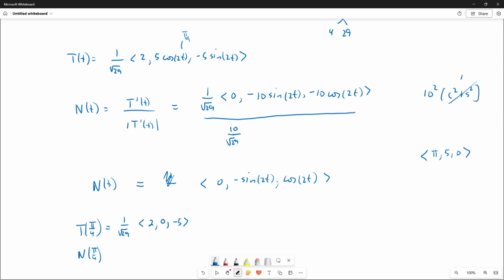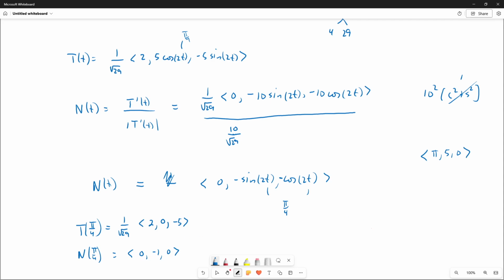And here, same thing, I think this should have been a negative, I did not copy a negative there, negative cosine 2t. It's going to be a 0 in this answer, but still. We're going to plug in pi over 2, and the sine of pi over 2 is 1, so this is negative 1. So we have ⟨0, negative 1, 0⟩. So there's the normal vector.